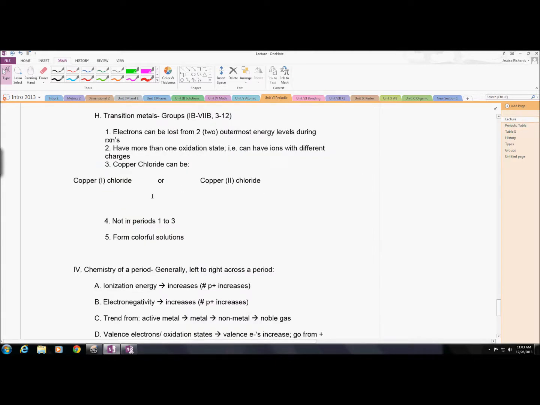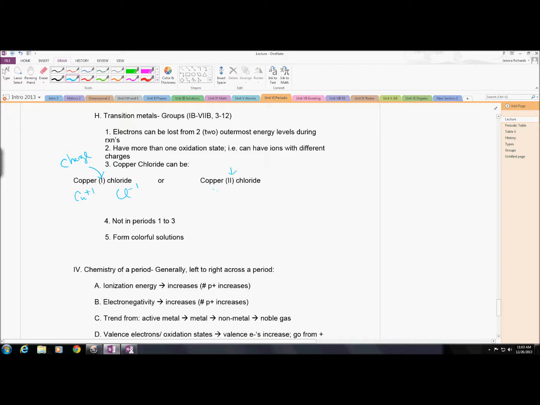So if we're looking at examples of names, this is where we get the Stock system from. Remember that this Roman numeral tells you the charge. It does not tell you how many pieces, it tells you the charge. So this is telling you you have copper +1, and we're going to put that together with chlorine, which is -1.